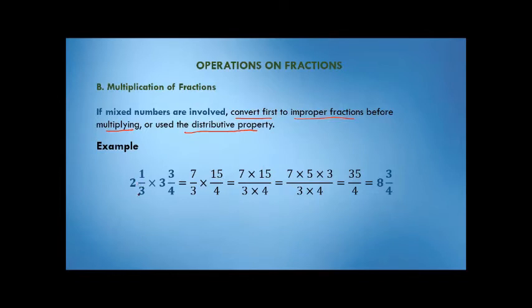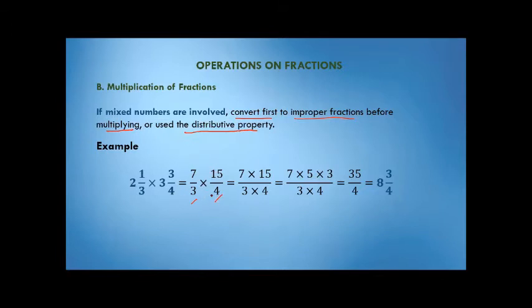Ganito tayo mag-convert. 3 times 2 is 6 plus 1 is equals to 7. So, 7 over 3. Next, 4 times 3 is 12 plus 3 is 15. 15 over 4. So, improper fractions na sila.